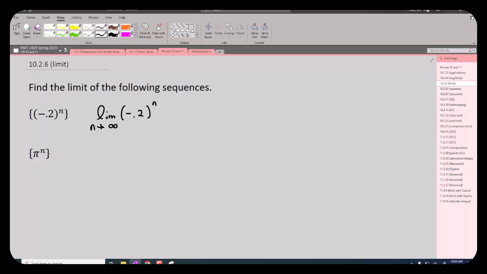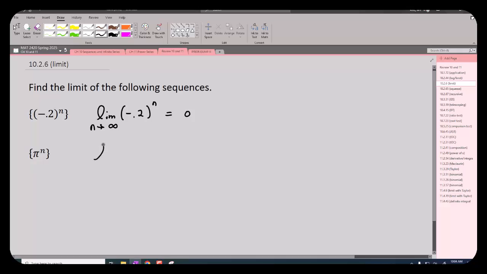Anytime we have a proper fraction, a number between -1 and 1, any value there is going to go to 0 as n goes to infinity. So that's just the basic limit. It's going to oscillate depending on whether n is odd or even, but those positives and negatives are going to be converging onto 0.